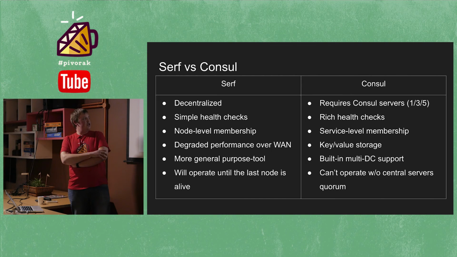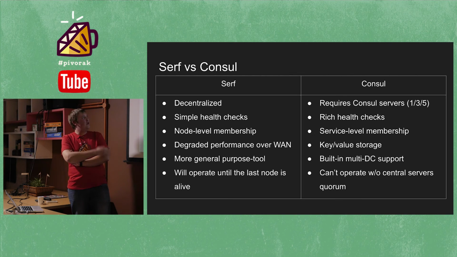Serf is a more general purpose tool, which may be used as a basic layer of service discovery and custom solutions for service discovery. While Consul may operate out of the box, it requires some infrastructure to be run.